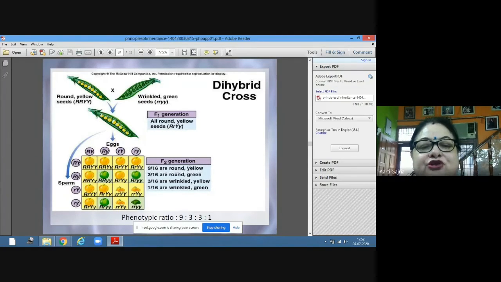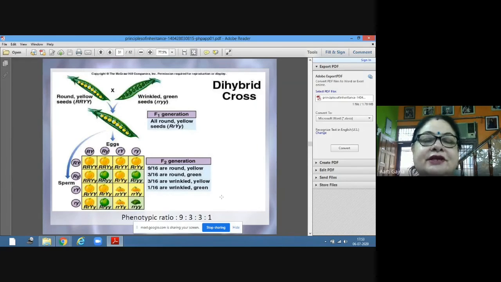Similarly, here also if you see 9 are yellow and here 3 are yellow. So 9 plus 3, 12. And how many are green? 3 here and 1 here, 4 are green. So 12 is to 4, same 3 is to 1 ratio. So overall phenotypic ratio would be 9 is to 3 is to 3 is to 1.